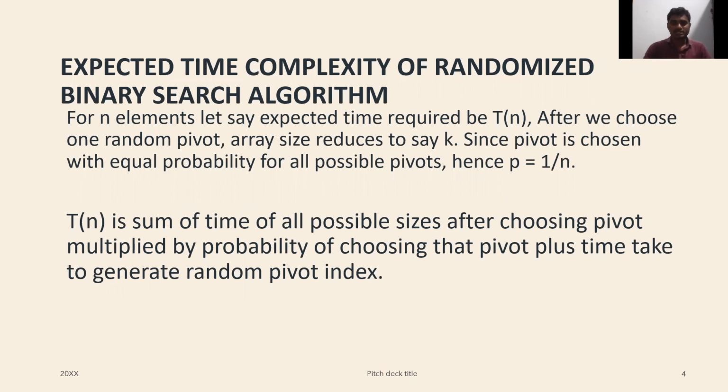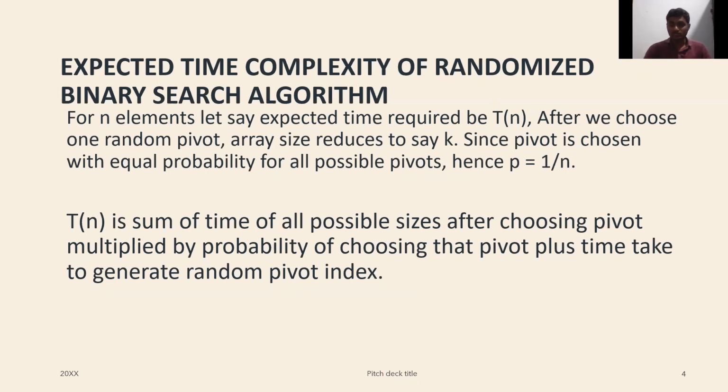Now we will see the time complexity of the randomized binary search algorithm at a glance. For n elements, let's say the expected time requirement will be T(n). After that, we choose one random pivot and the array size reduces to some k. Since the pivot is chosen with equal probability for all possible pivots, p will be 1 by n.